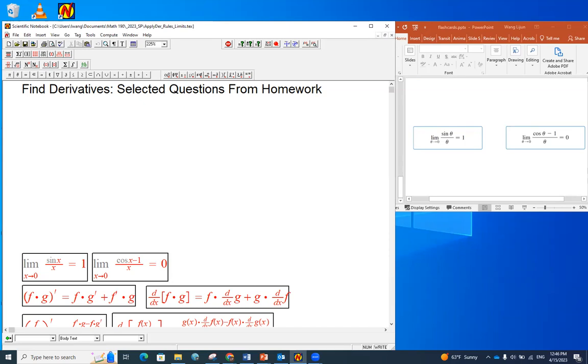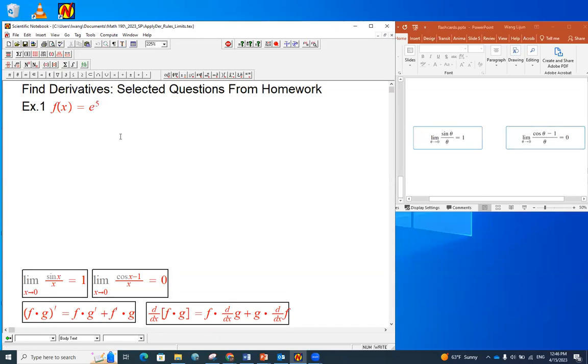If you look at the first set of homework, differentiate these functions, right? For example, if you have f of x, we're going to put it as example number 1: f of x equals e to the power 5. Even though this is in an exponential form, e is a constant.